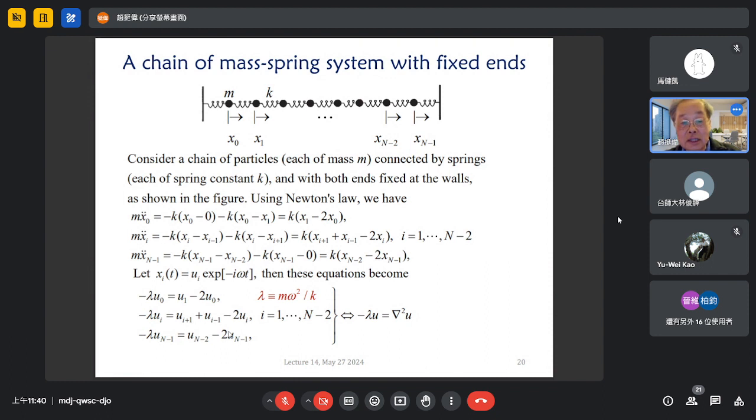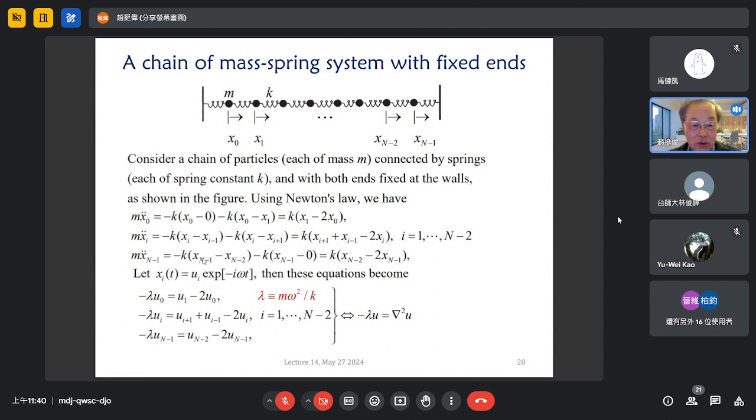And xi can be written in terms of ui times this time dependence. Here, this is the eigenfrequency, which means all particles oscillate with the same frequency, and that is the eigenfrequency.